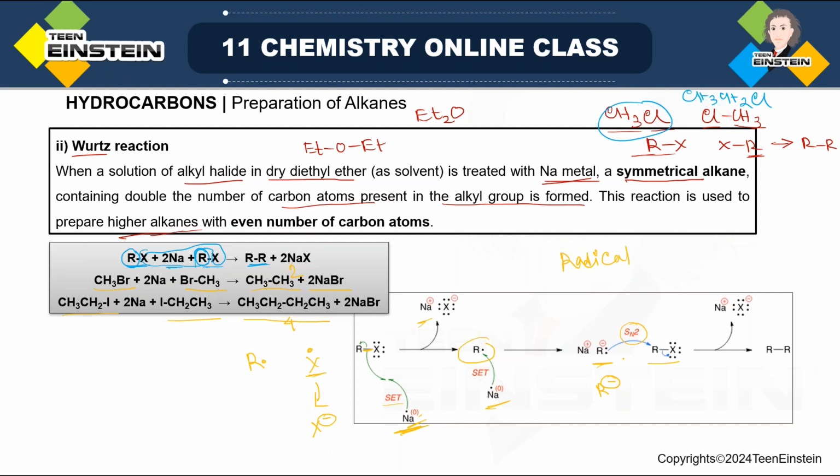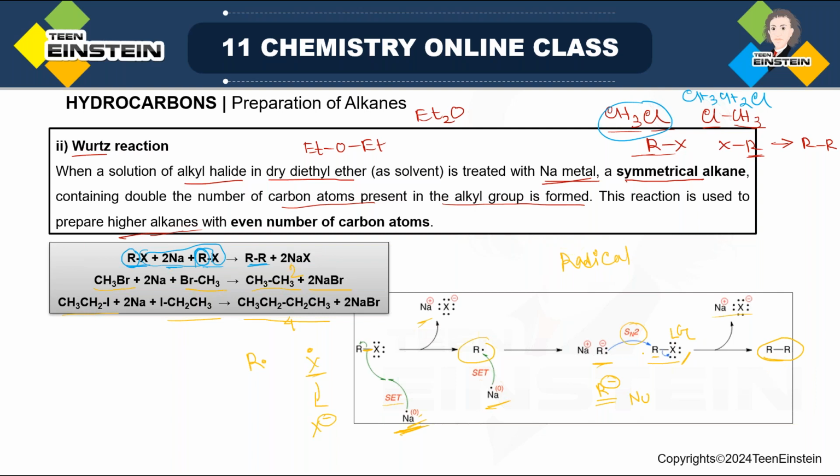But this is a mechanism for substitution reaction where the nucleophile attacks the starting material, which is alkyl halide, from the back side. Why am I saying backside? Because X is the leaving group here, and the attacking reagent R minus is the nucleophile which is attacking this R from the backside, and X is removed. So again we are getting NaX as byproduct, and this is the final product we are getting.